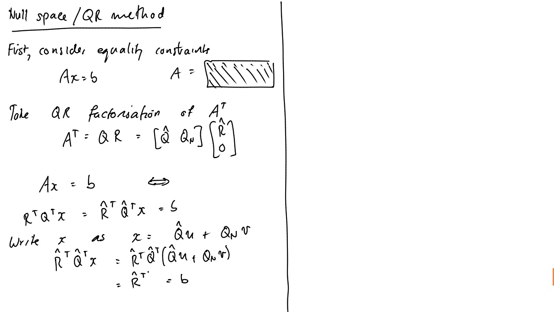Sorry, R hat transpose u, which equals b, so u equals R hat inverse transpose b. Okay, so u is fixed. v is completely free.